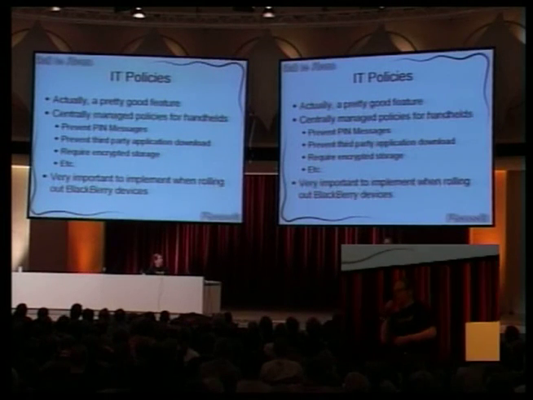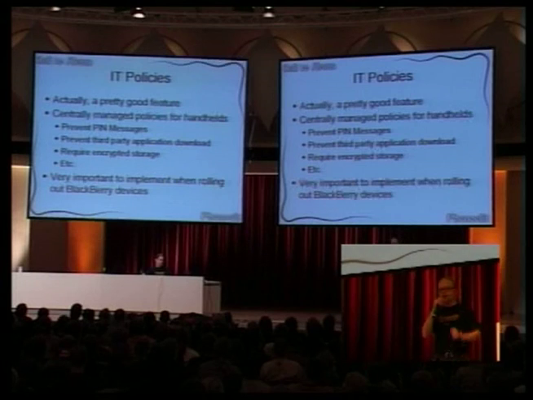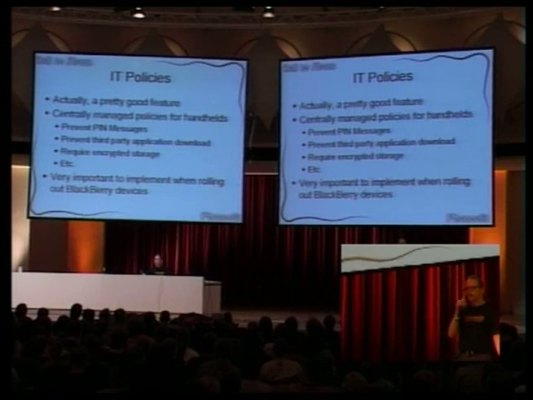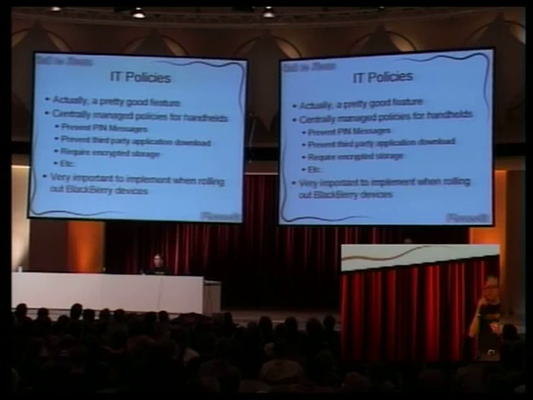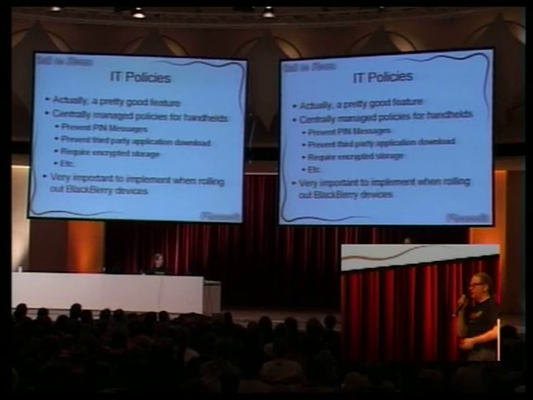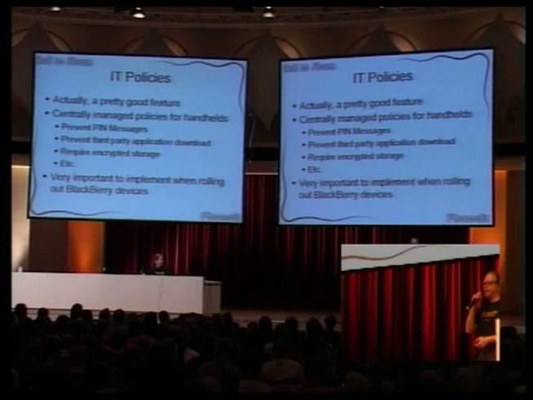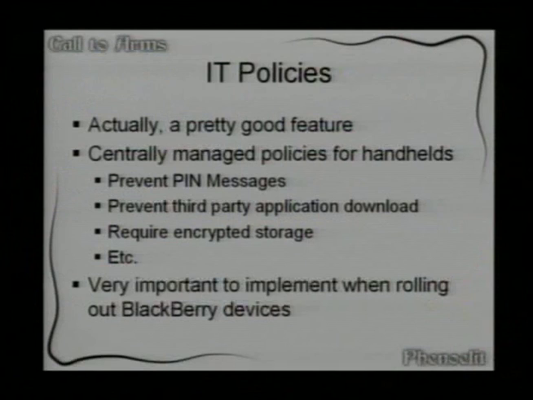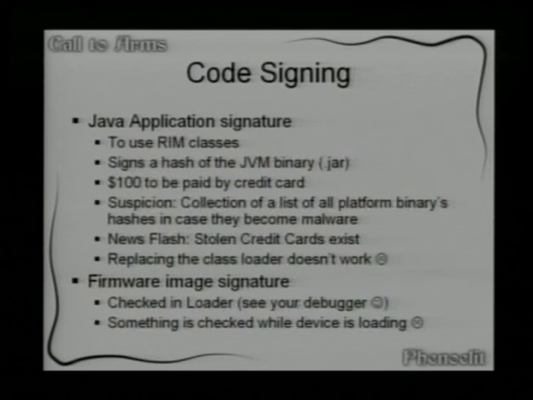IT policies are basically something that your administrator can send down to your device and set permissions for you, or things that you're not supposed to do, like run someone else's code or use PIN messaging. A cool thing, by the way, is to turn off PIN messaging for all the devices when you roll it out. So everyone who's implementing BlackBerry on a large scale actually uses those policies and must use them because the default settings are a bit too open.